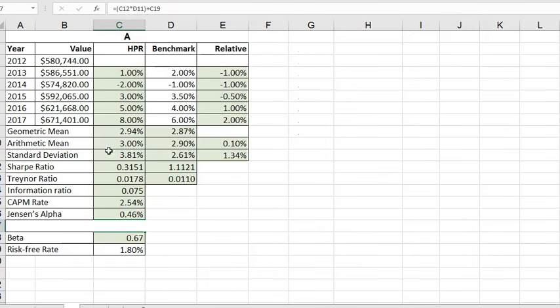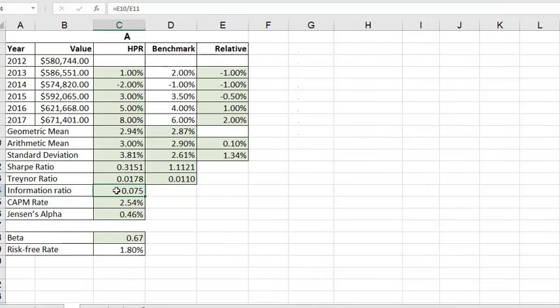Going through it again, this right here, the geometric means and the arithmetic means, that's just looking at the absolute returns, just the standard returns without regard to risk. And then we can compute risk based on standard deviation or this beta here. And then we can compare returns, or adjust these returns, the performance, by the standard deviations to get the Sharpe ratios, or beta to get the Treynor ratios. And we notice that we underperform based on Sharpe, based on standard deviation, and we outperform based on beta or systematic risk.